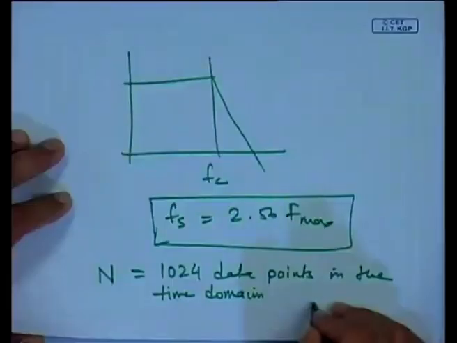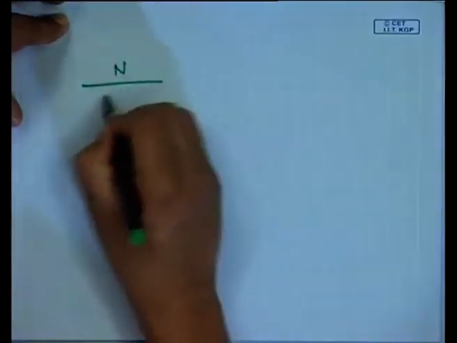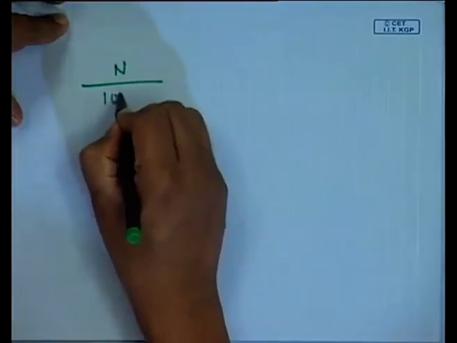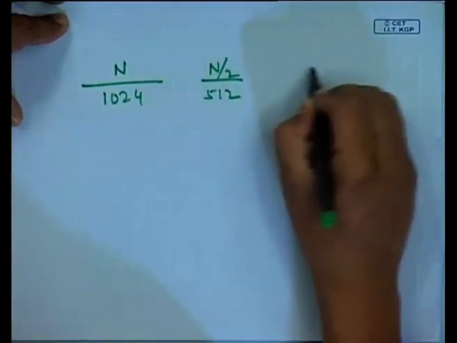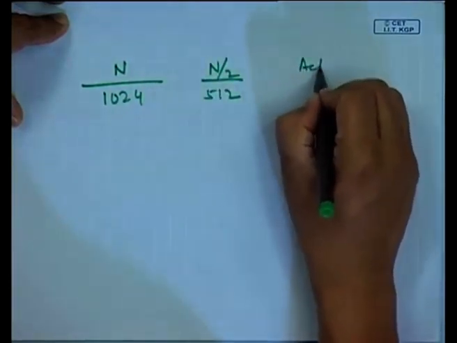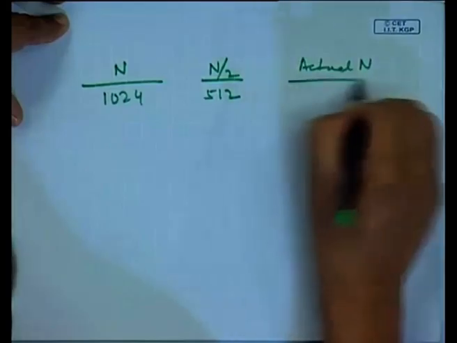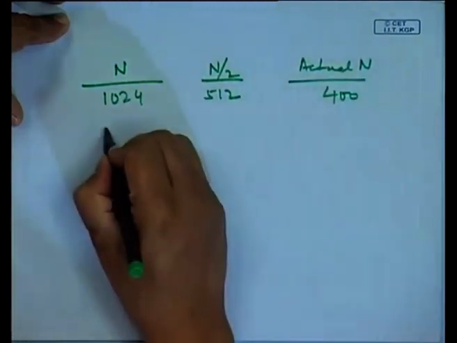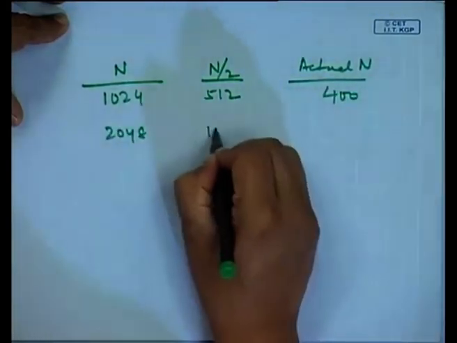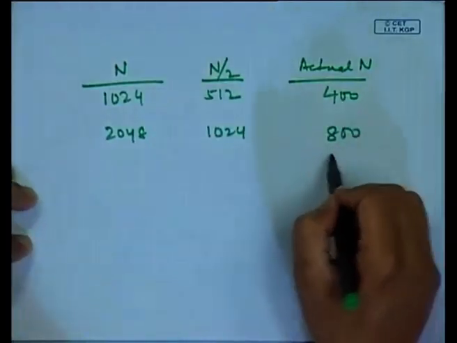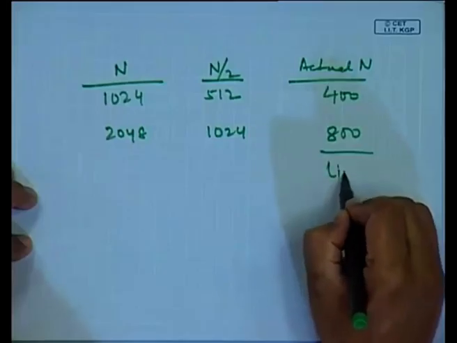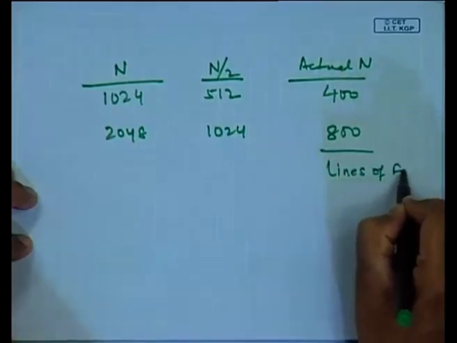So, when n is equal to 1024, n by 2 is 512, but we will take 400. When n is 2048, this will become 1024, this will become 800, and these are commercially known as lines of FFT.